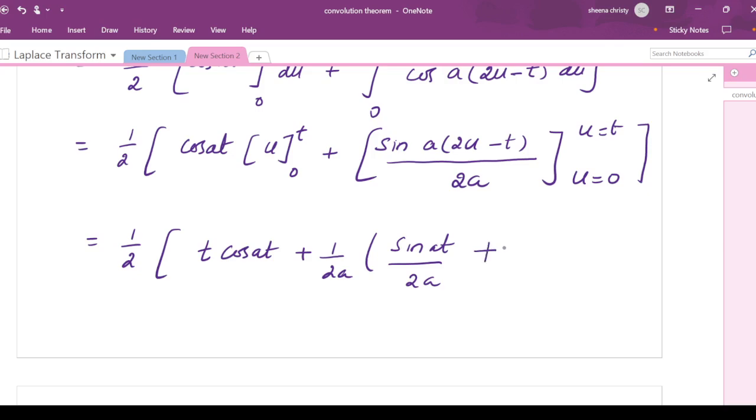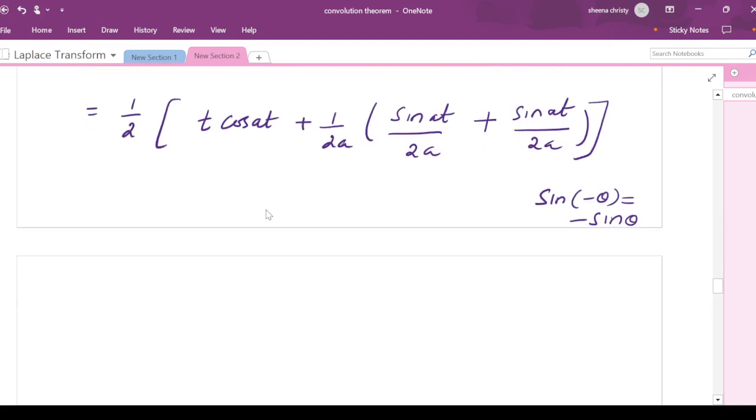Already it is the lower limit, so minus of minus sine at gives plus sine at by 2a.